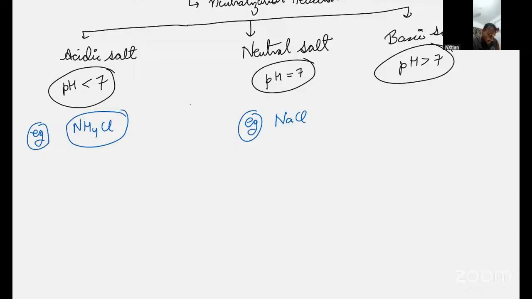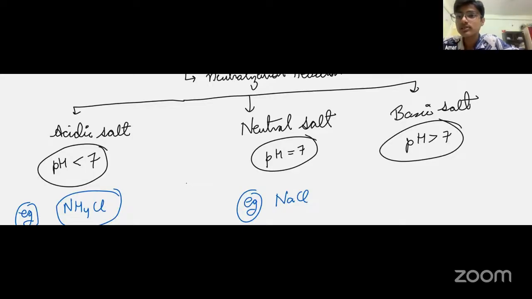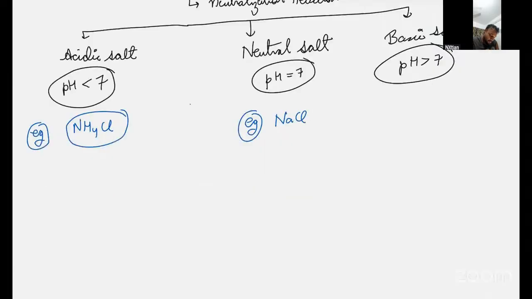Magnesium hydroxide, milk of magnesia, is a base, right? Mg(OH)2. It has very low solubility. So yes, magnesium hydroxide is a weak base.